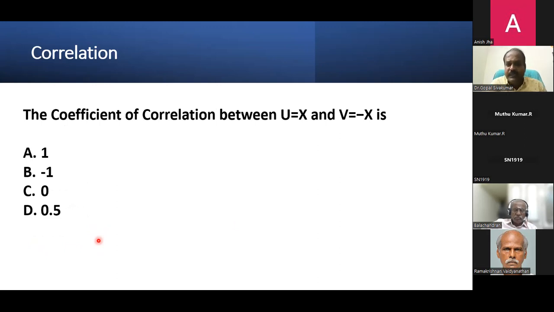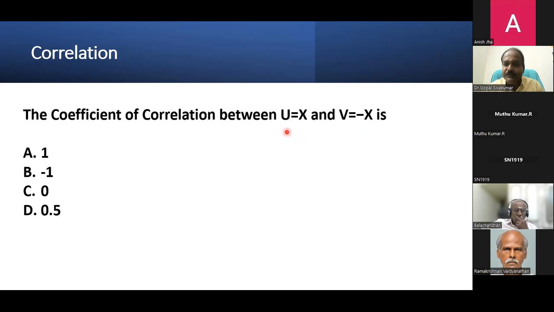The coefficient of correlation between u equal to x and v equal to minus x. Suppose x equal to 0, what will be the value of u? u will be 0, because x is 0. Again, v will also be 0. Now I am increasing x from 0 to 1.